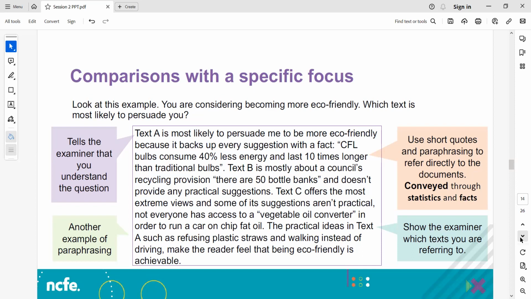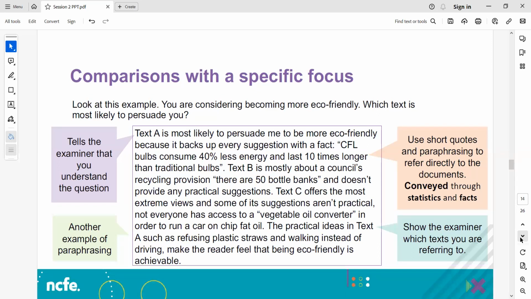So again, straight away, the first sentence is starting to answer the question, which text is most likely to persuade you? Text A is most likely to persuade me. And then going into the reasons why and looking at the different texts, using short quotes and paraphrasing.